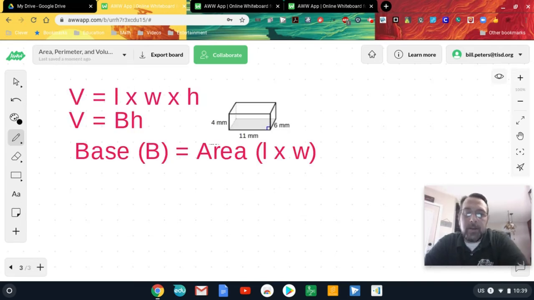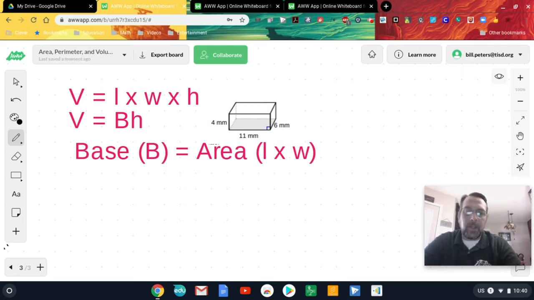Just like perimeter, volume has two separate formulas: length times width times height, or base times height. The base is the area, so the base is length times width. Let's do both formulas and figure out how to get the volume.